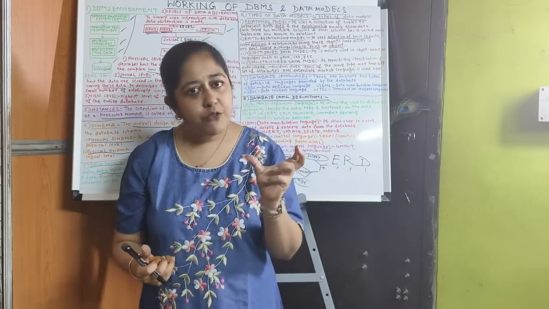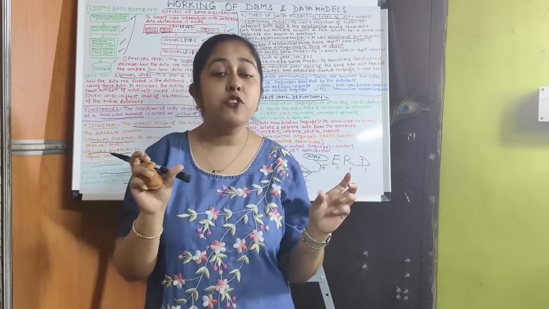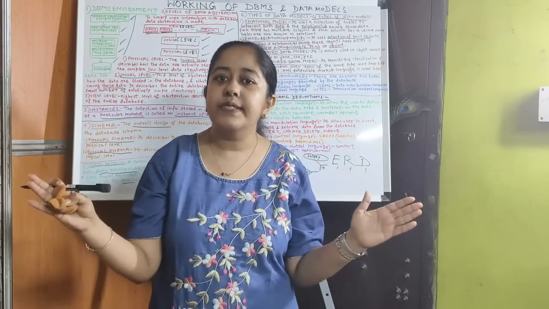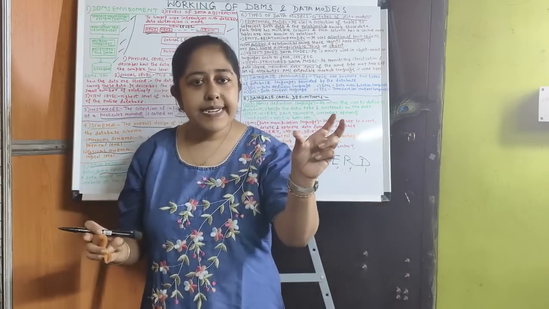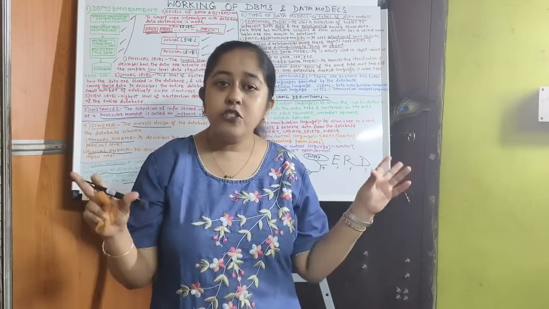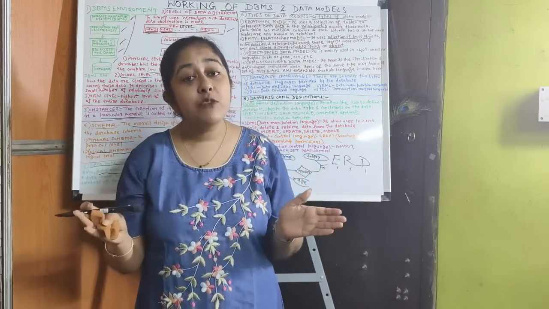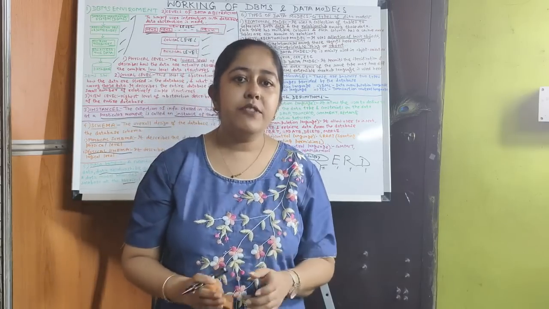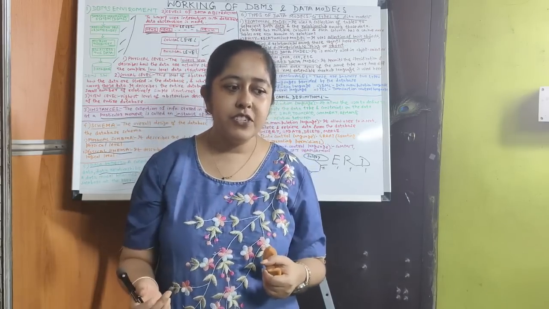Both entities should be distinguishable, so that you can differentiate between them. If one entity is a student and the other is a teacher, these two entities are distinguishable from each other. You have to see this whenever you are making an entity relationship diagram.